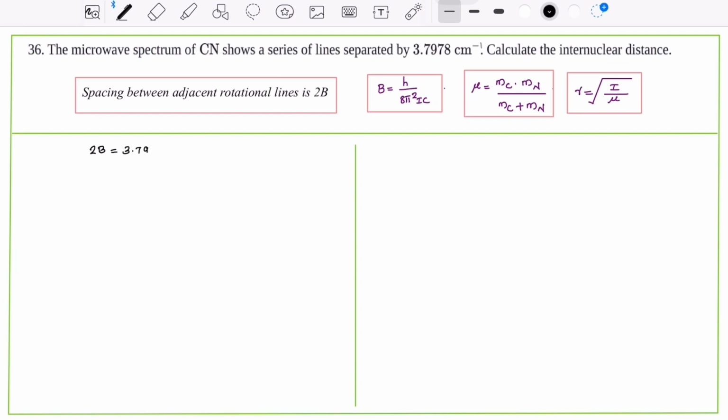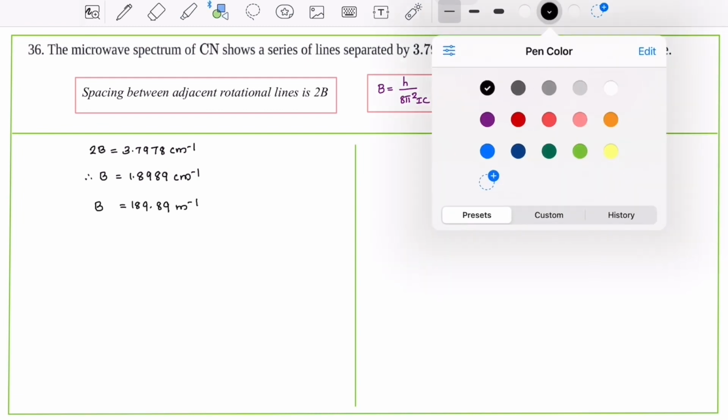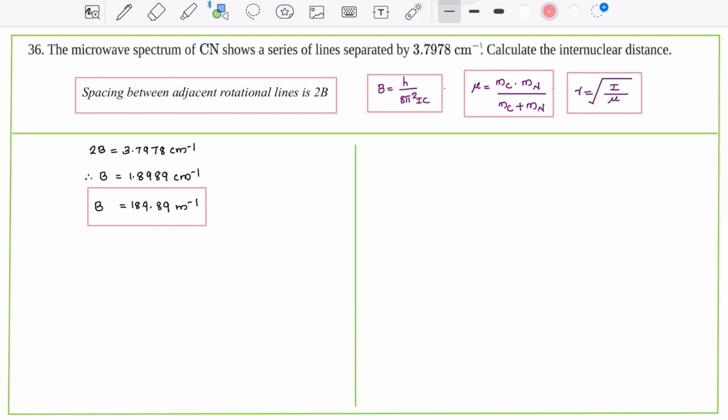It is given that the spacing between the rotational lines 2b is 3.7978 centimeter inverse. Therefore, the rotational constant b is 1.8989 centimeter inverse, that is equal to 189.89 meter inverse.